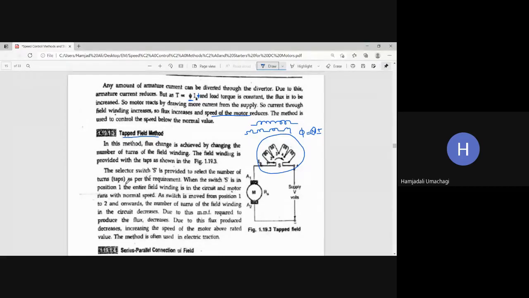When the switch S is in position 1, suppose the switch S is connected to position number 1, then what happens? Then the entire field winding is in the circuit. So the whole winding will come into picture now.